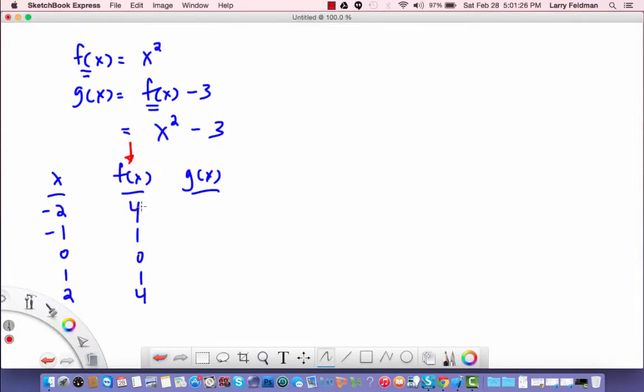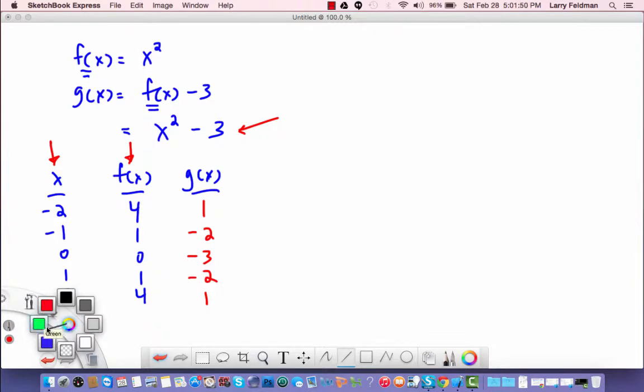And we can simply subtract 3. 4 minus 3 is 1, 1 minus 3 is negative 2, 0 minus 3 is negative 3, 1 minus 3 again is negative 2, and 4 minus 3 is 1. Or we could use this equation with the x values and get the same answers for g. So plotting these graphs, let's do that real quick.